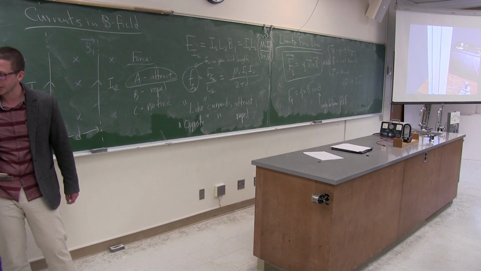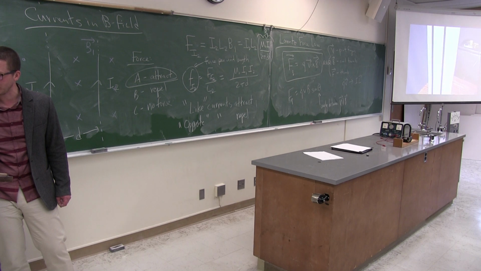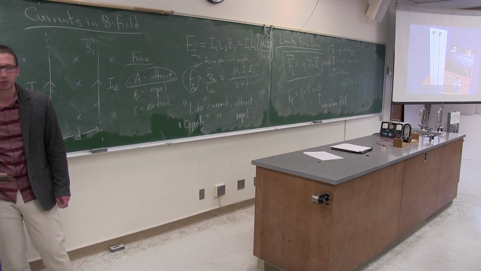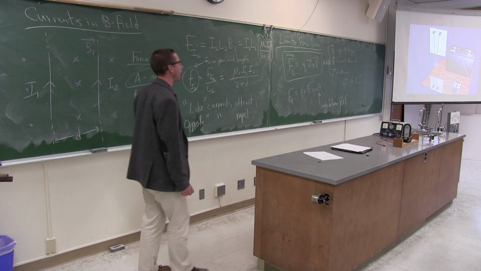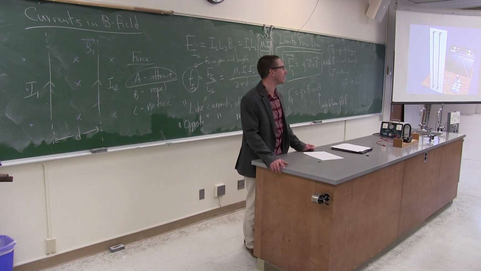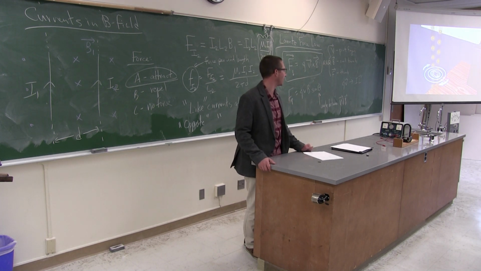What's being sketched in the picture here is the net magnetic field due to the two wires that actually pulls them together. What's actually happening here is between the two wires, there's a stress in the field, and that stress puts the field in tension. There's a tension which pulls the two wires together.